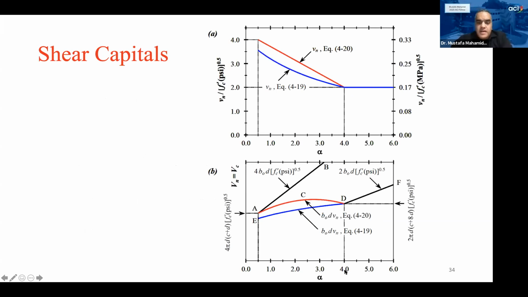For the other one, we have a smaller value that keeps increasing with alpha, but it is less than 4, the maximum. So they are between 2 and 4, which is a different representation to this.